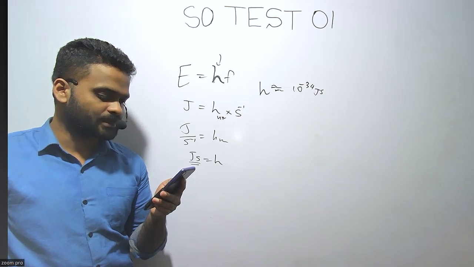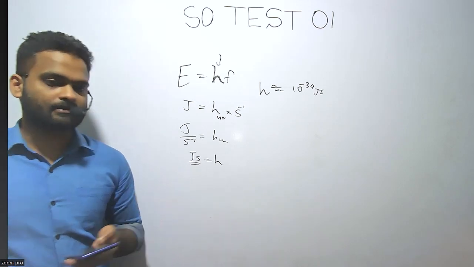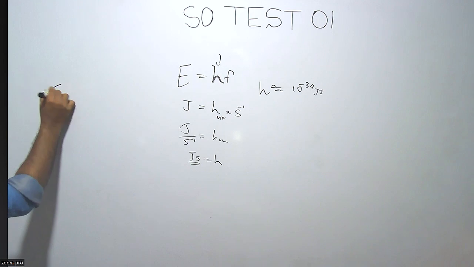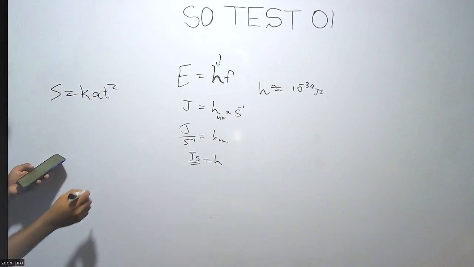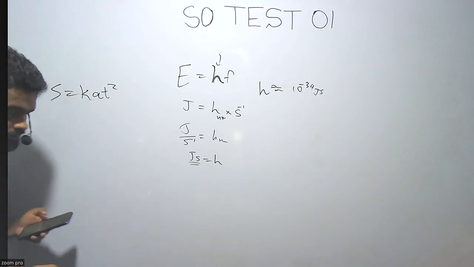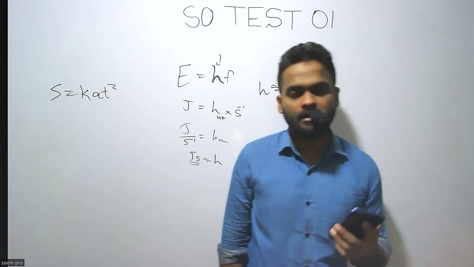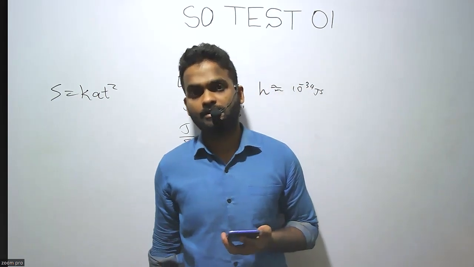Displacement of an object moving at constant acceleration a within time t is given by s equals k a t squared, let's say. So what they ask is the dimensions of k. Whenever you get a question to find dimensions, you know that the left and right sides of an equation have the same dimensions, right?